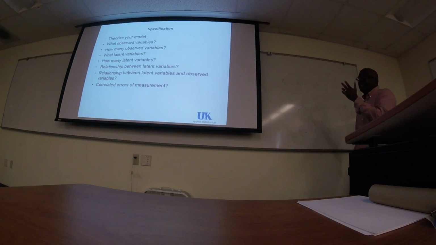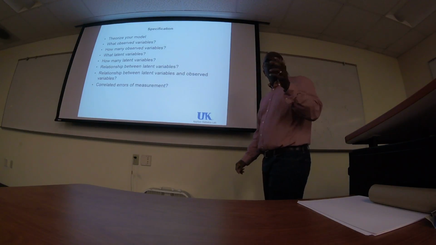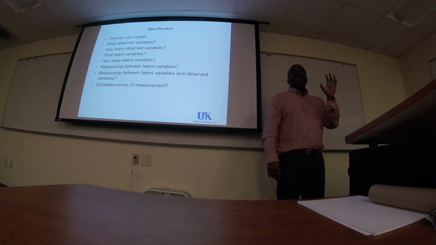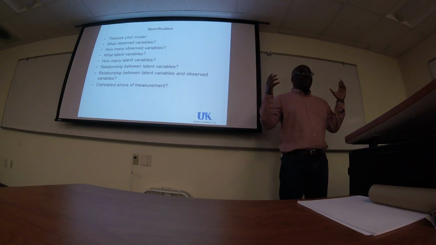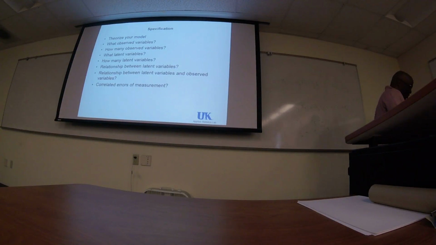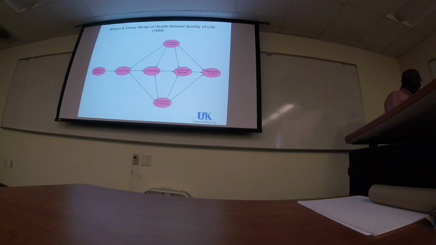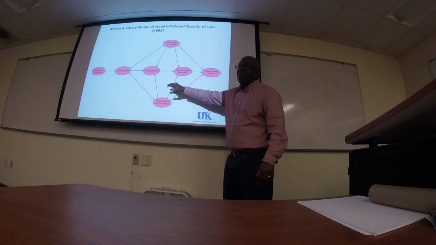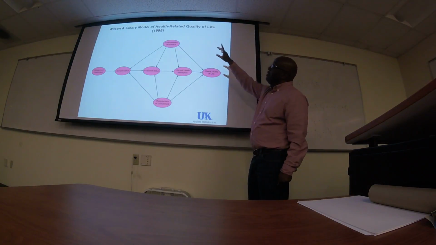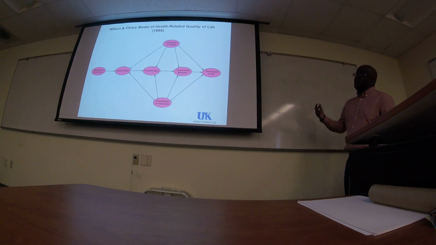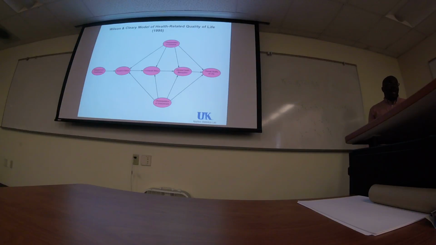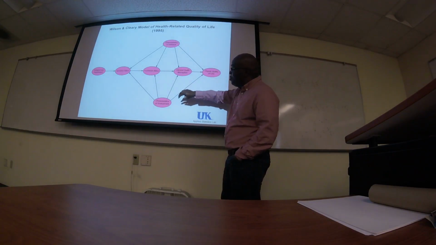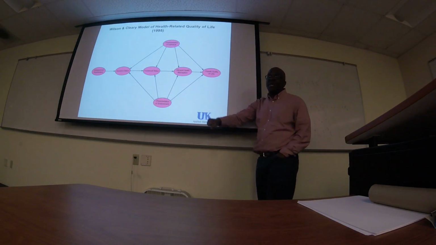The model specification, we talk a lot about it. You already know about it. I repeat, this is based on theory. You have to know the theory to come up with a model. The model we were talking about is based on the theory of health-related quality of life. That's a huge model. We only take a few parts of it that we were estimating.